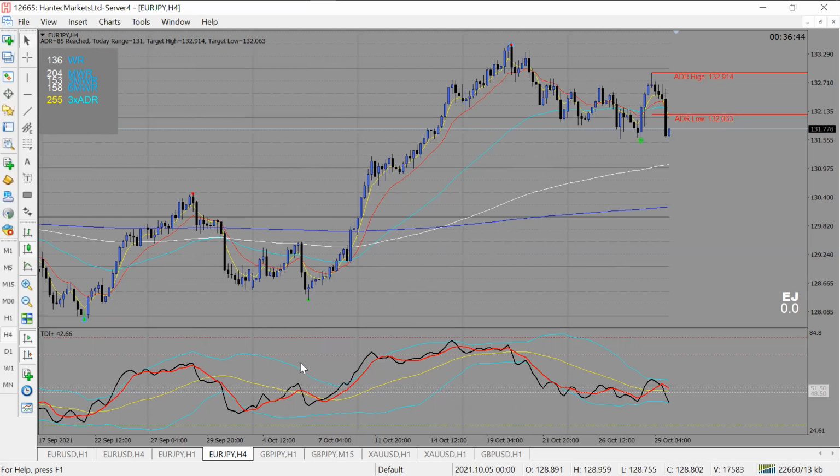Because remember I said, when the black crosses above the red and stays above it, it is a signal to buy. When the red goes above the black, it is a signal to sell. That is, when the black goes below the red, it is a signal to sell. When the black goes above the red, it is a signal to buy.